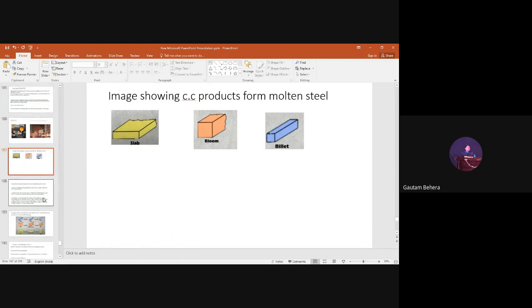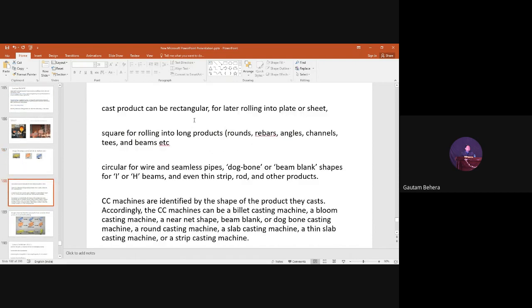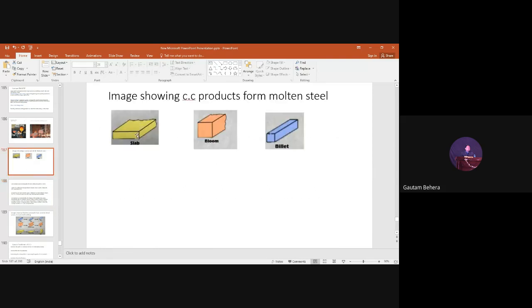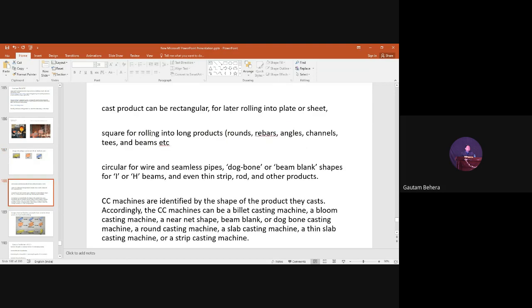So next you can see, yes, already I have discussed this. Continuous cast products are basically rectangular, which is rolled into plate and sheet. If this is a rectangular product obtained from continuous casting, you can plastically deform it by mechanical working to get plates or sheet or coil also.